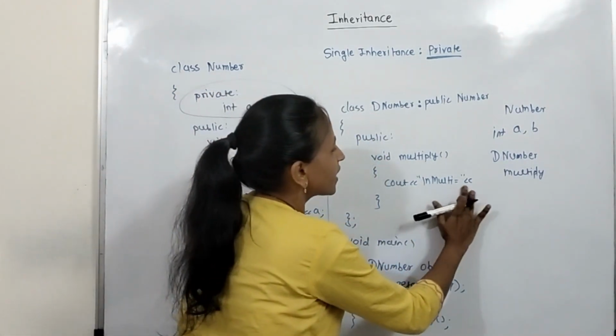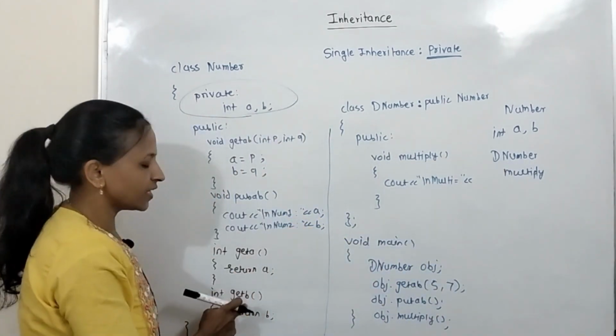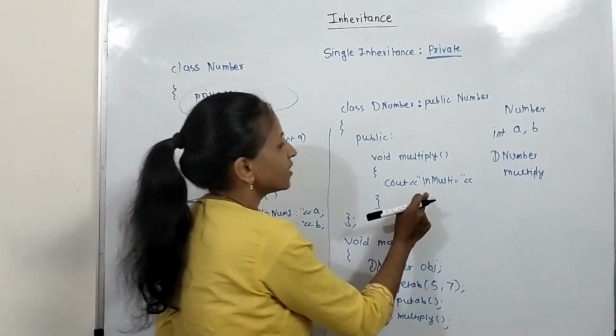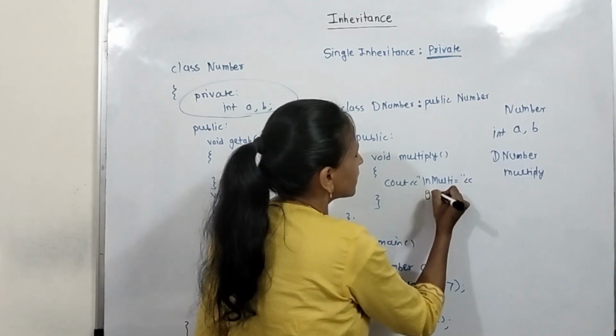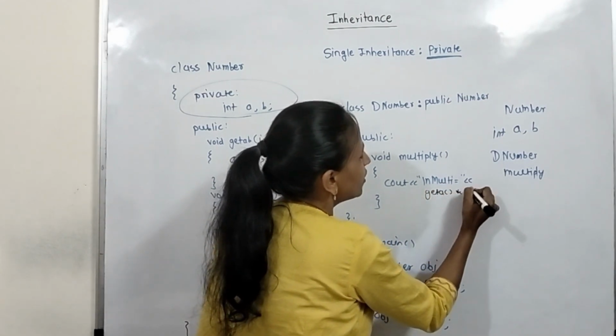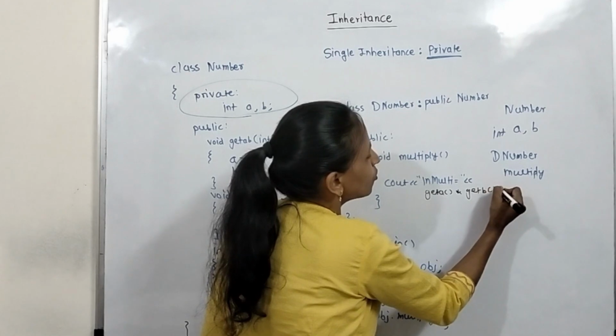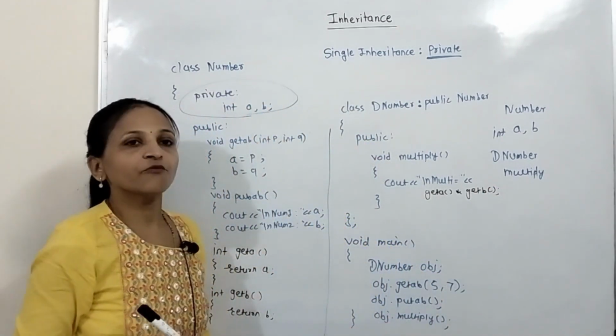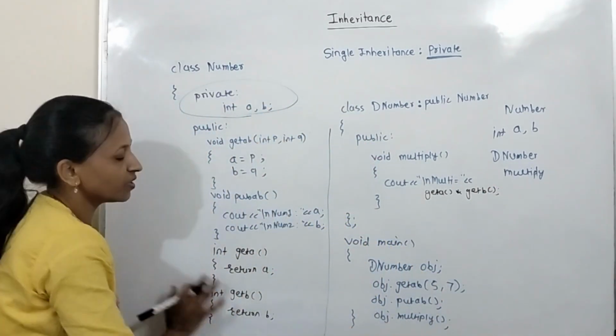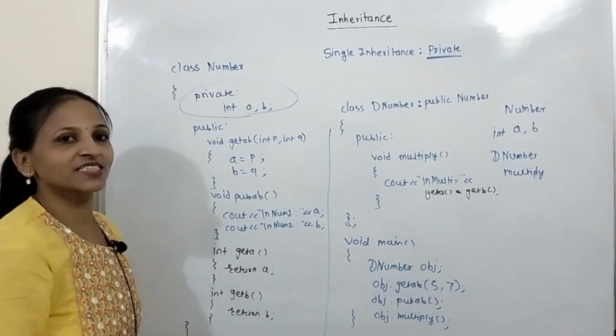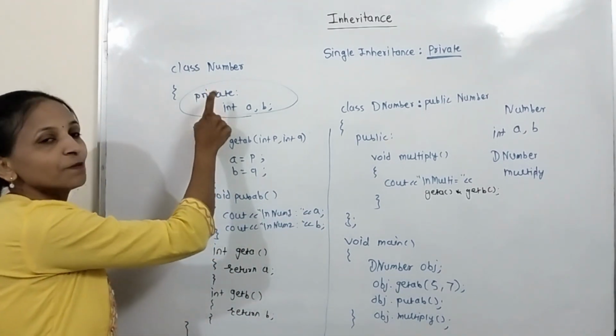Now here we can directly access get a and get b. Now here we will call like get a into get b. Now no problem, the program will work fine. The remaining part will be the same as it is if this is private.